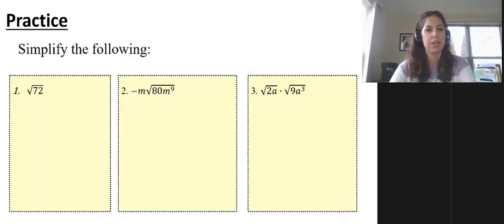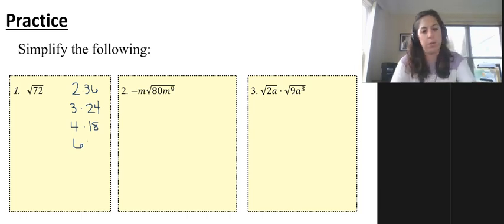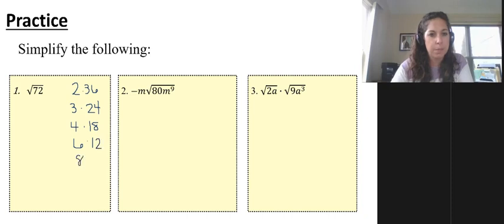Let's look at some other examples. Square root of 72. Again, we're looking for the largest perfect square that is a factor of 72. So for instance, if I wanted to list some factors, I could say 2 times 36, 3 times 24, 4 times 18, I know there's more, 6 times 12, and 8 times 9.